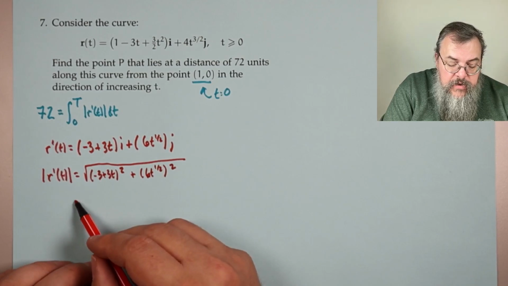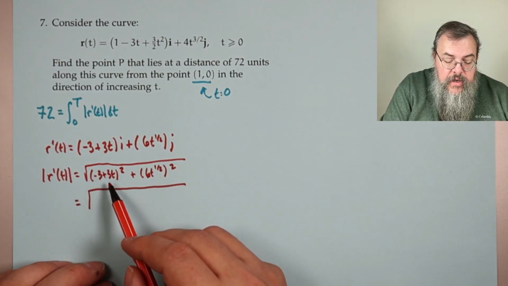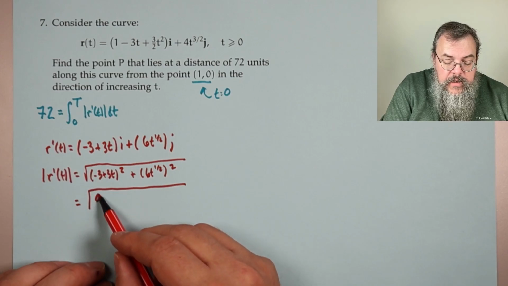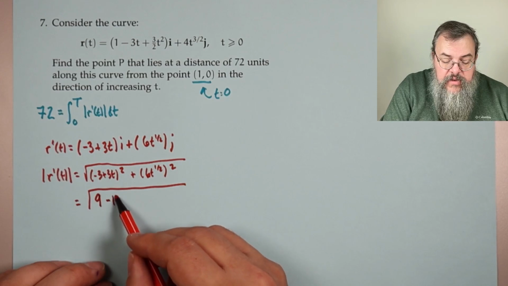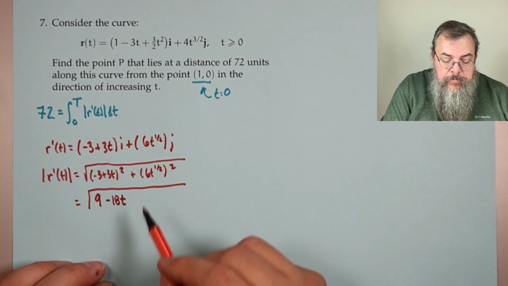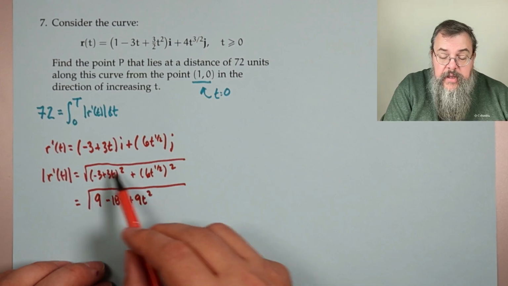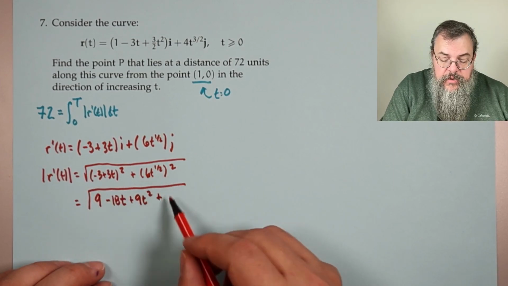All right, so that's the square root of. We start expanding. We'll have 9, then the cross terms, minus 18t plus 9t squared. And that's the first part. Plus, here we'll get 36t.